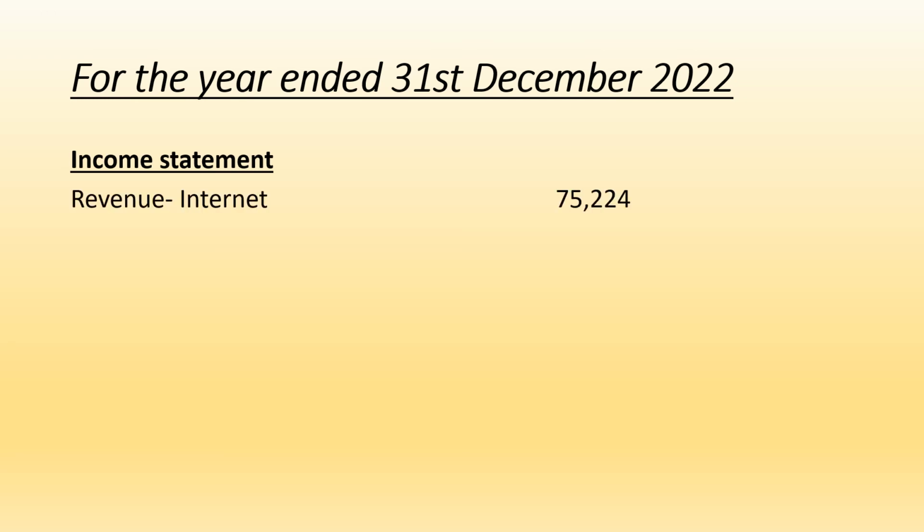For the year ended 31st December 2022, the only transaction is the income from the internet facility. So in the income statement, we are going to identify it as the revenue from the internet facility by 75,224.